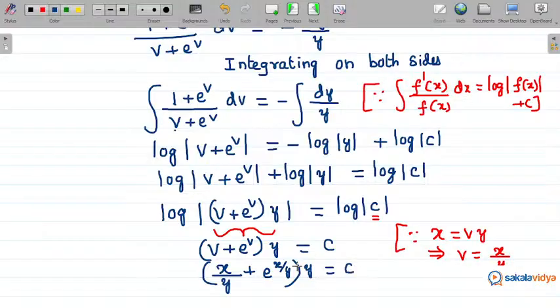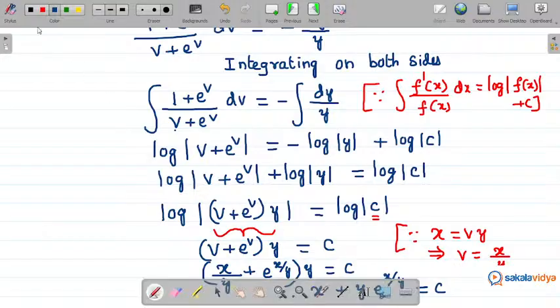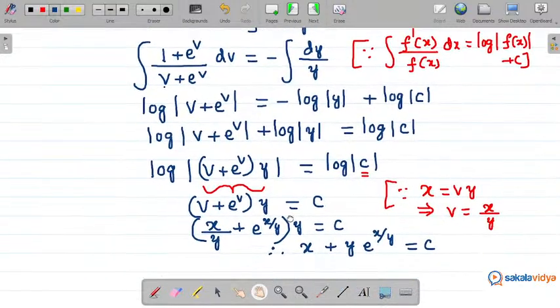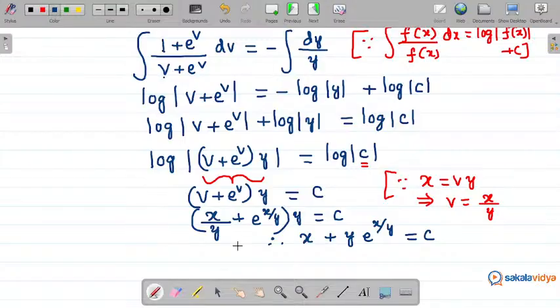Just open the bracket: y into x by y gets cancelled. We have x plus y into e power x by y is equal to constant. So this is the required general solution.